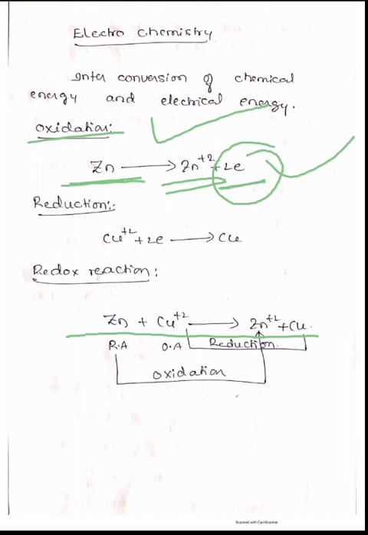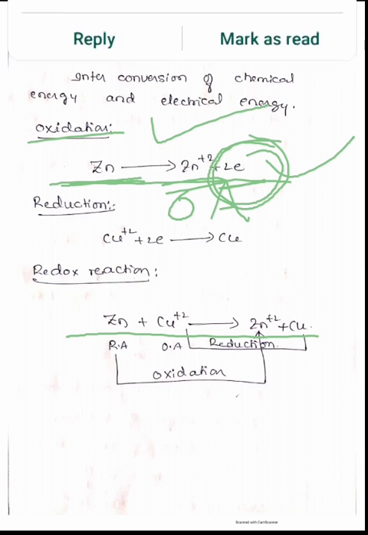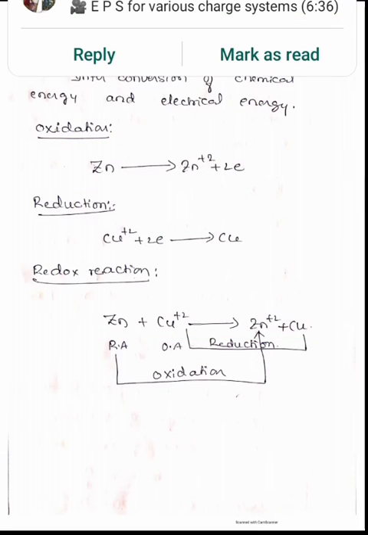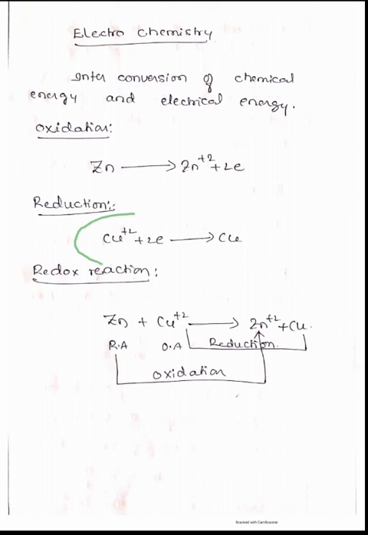So that substance which is accepting the electrons can be taken as oxidizing agent. That means one of the agents involved in this oxidation reaction by the acceptance of electrons. So such type of agent involved can be taken as oxidizing agent. So here in this oxidation reaction, Cu2+ is acting as an oxidizing agent.